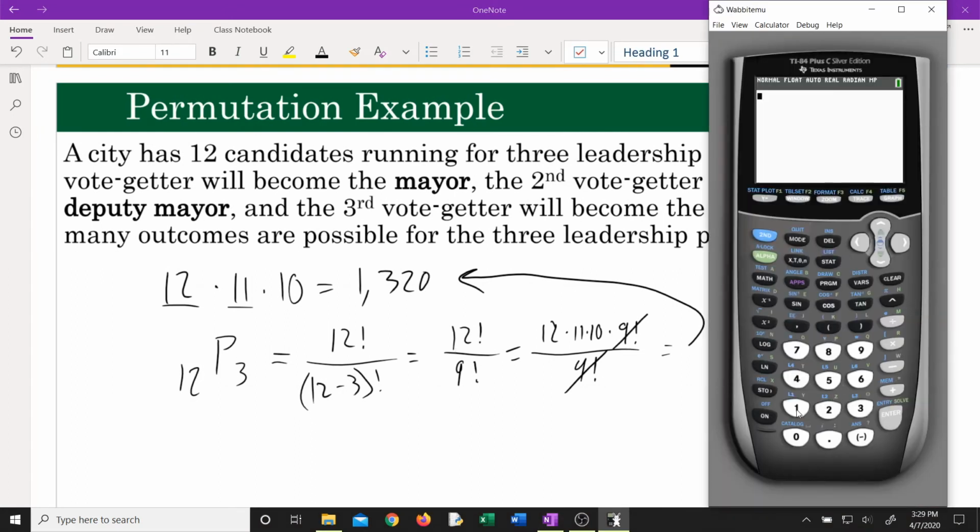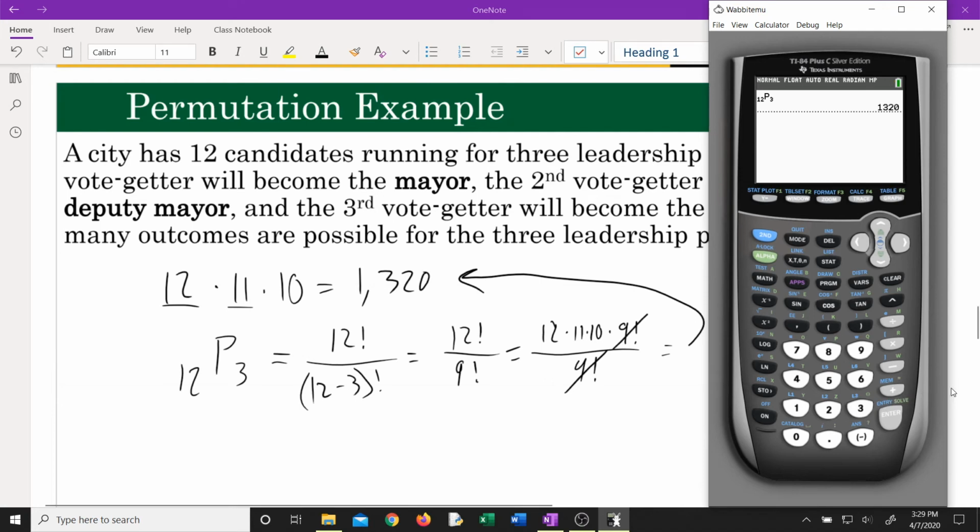First, type in the first number, 12. Then find where PROB is on your calculator, and from there, select nPr. So I have the first number, 12, and then it has a P, and then it wants me to type in the last number, which is 3.